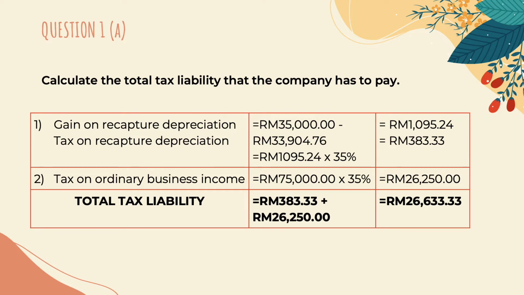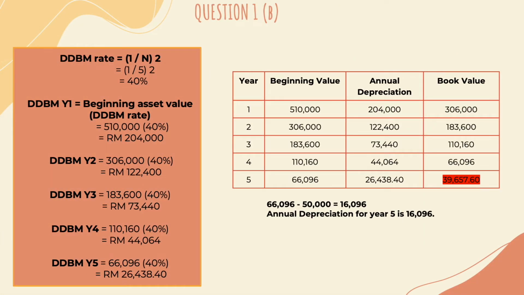The second one is the tax on ordinary business income, which is EBT times marginal tax rate, and you will get 26,250. As for total tax liability, you just need to add number 1 and number 2, and you will get 26,633.33.